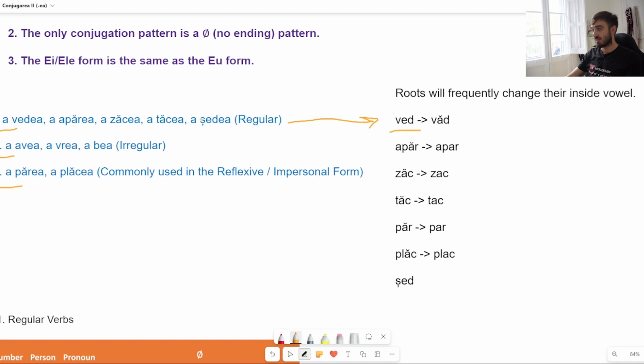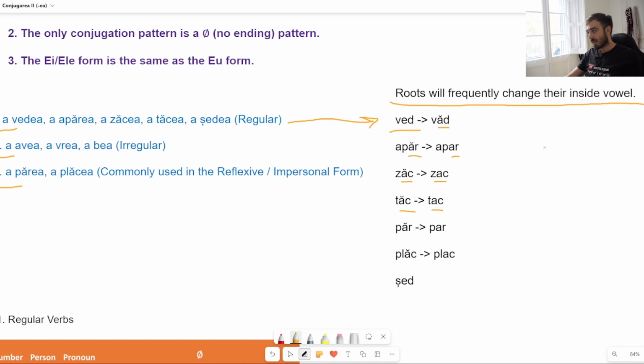As you see with pretty much all of them apart from ședea, there are phonetic changes. So this, as I said here, roots will frequently change their inside vowel.